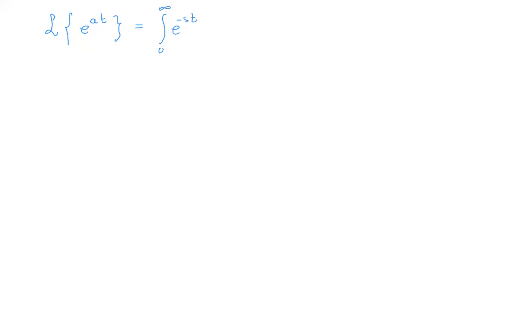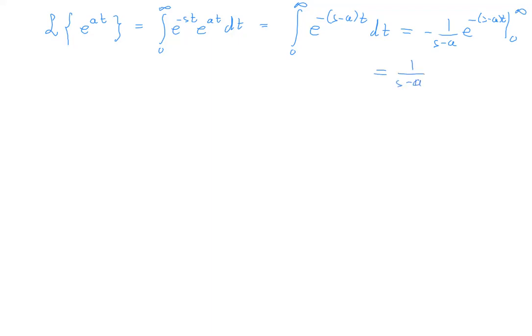The trick is to rewrite this as e to the negative (s minus a) times t, since you have the same base e, so you add the exponents. This will be negative 1 over s minus a, e to the negative (s minus a) t, from 0 to infinity. Again, the limit as t tends to infinity is 0, so this will be 1 over s minus a. So here's your other formula: L of e to the at is 1 over s minus a.